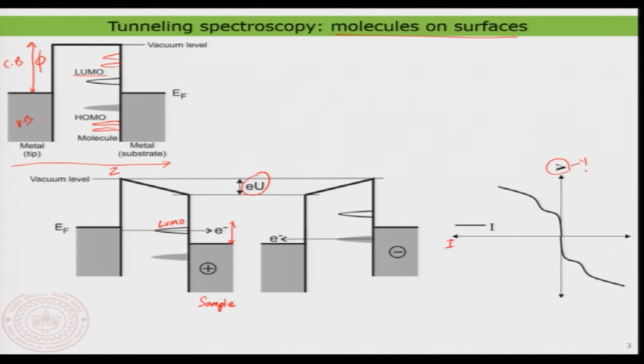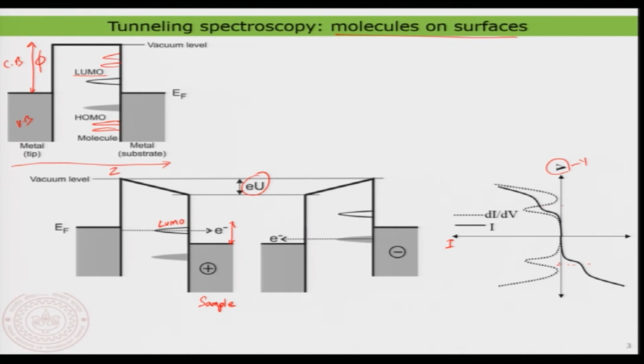Now, what you see is that when I am applying the positive bias and the negative bias, at some particular energy there is a small increase in the current, and that current is exactly due to tunneling through the molecular orbital. You can of course take the first derivative, which is known as the tunneling spectroscopy or tunneling spectrum.